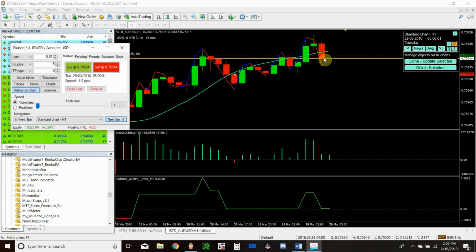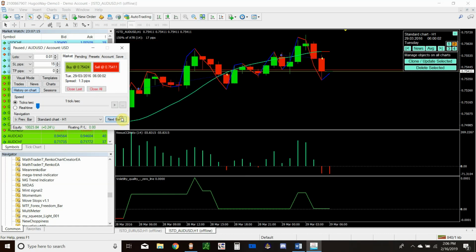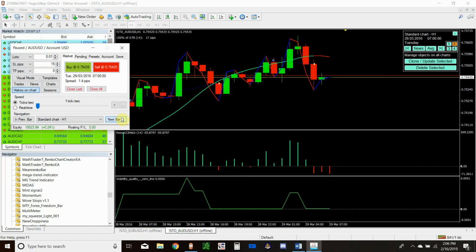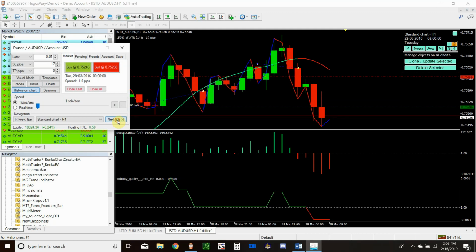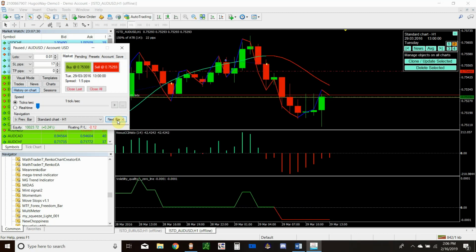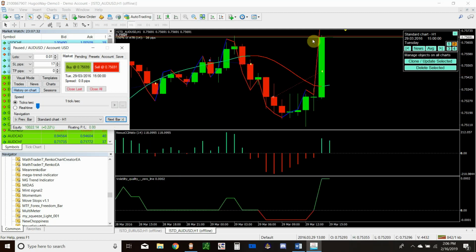Okay, so we got a crossover here. Sell signal here. Whoa, big candle, which caused us a buy signal. So we're at, what is that, 26 pips?